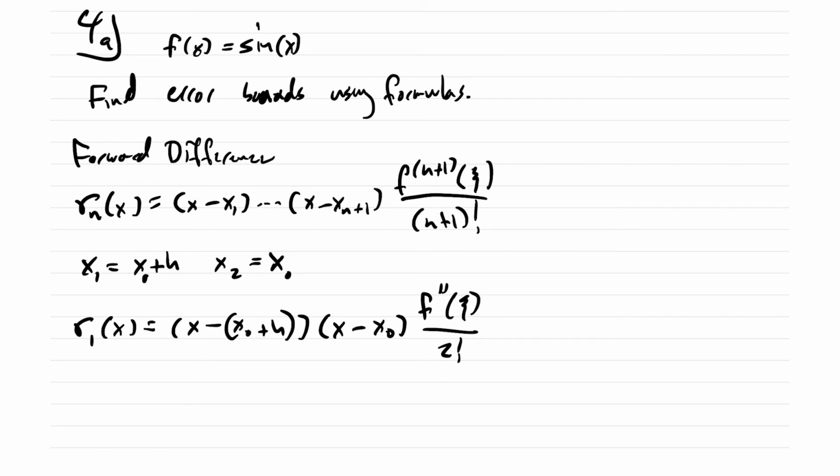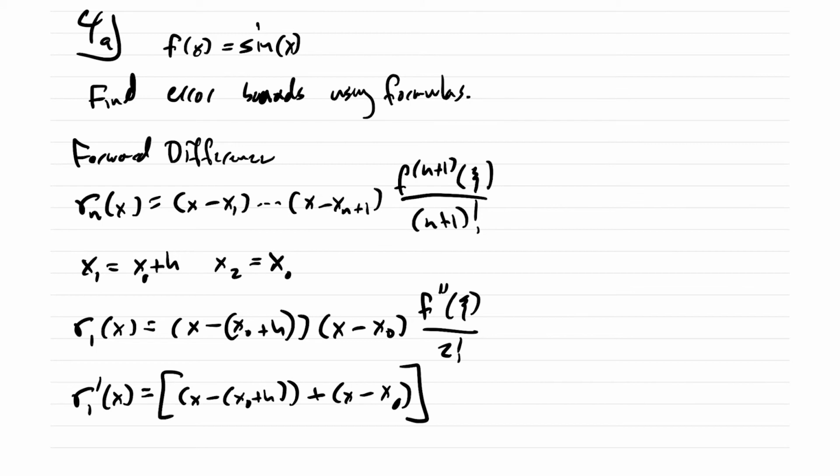If I take the derivative of this, it's R1 prime of x, the derivative with respect to x, so it's basically the product rule. The derivative of this is 1, the derivative of this is 1, so we end up with x minus x naught plus h plus x minus x naught, and then f double prime at xc divided by 2 factorial.